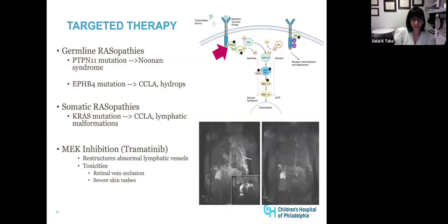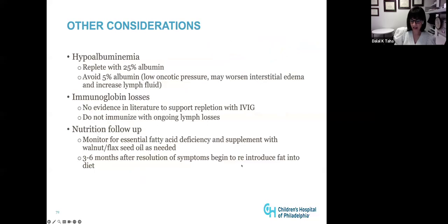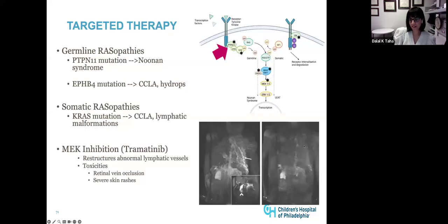But if you do detect it, then treatment with a MEK inhibitor can be really successful because it restructures abnormal lymph vessels and redirects lymphangiogenesis into a normal pattern. These MRI images show a very dysfunctional pattern on the left, and then 3 months later, you can see a lot of clearing of the abnormal lymph channels and more of a central pattern going up the patient.